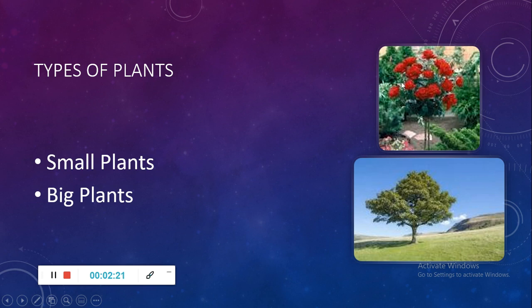It is small in size and height. And you can see a tree here. This one is large in size and big in height, so it is called a big plant.